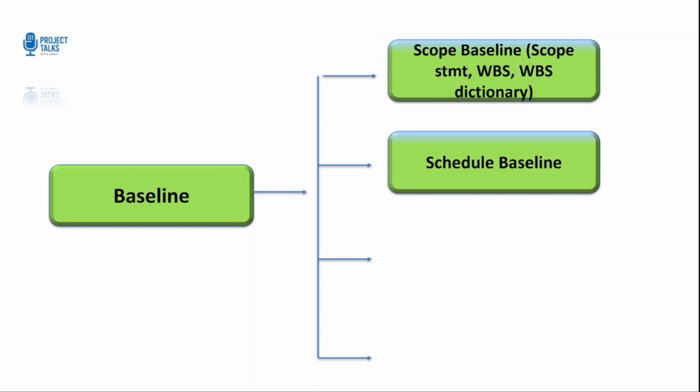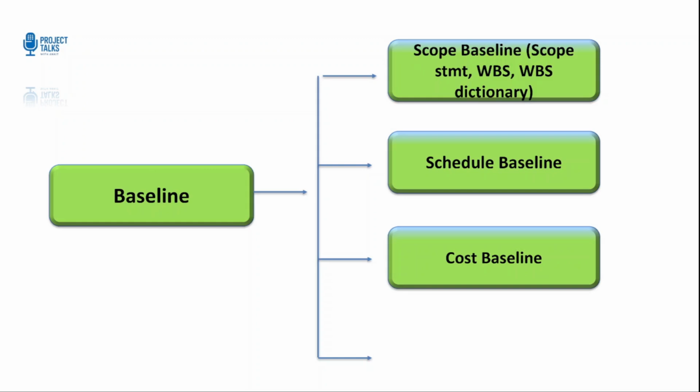This is your approved project timeline, the version of your schedule that you will use to track actual progress against planned dates. Third is your cost baseline, which captures your approved project budget. It is a point of comparison to control spending throughout the project.